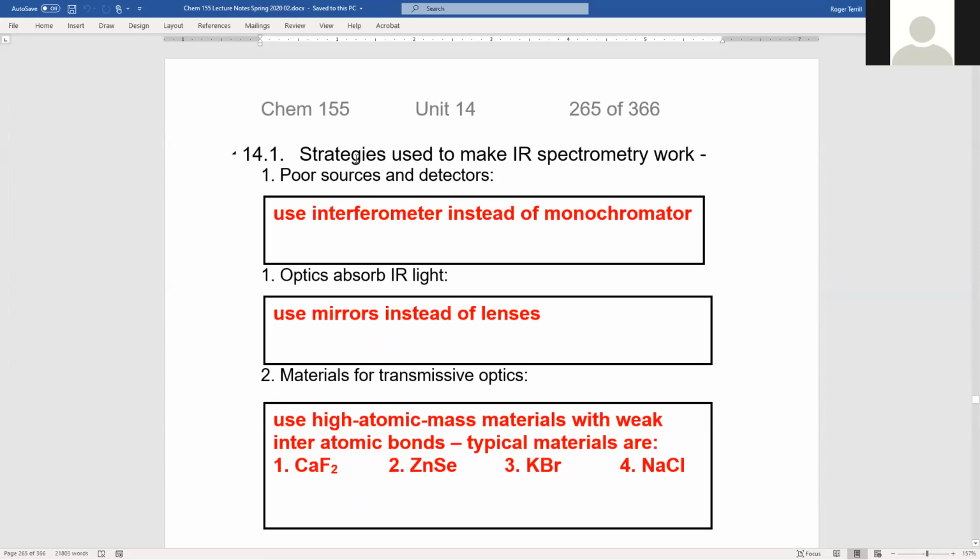The strategies that we use to make IR spectroscopy work are to use interferometers instead of monochromators. Interferometers are those light-mixing devices that turn light frequency into audio frequency by moving a mirror.